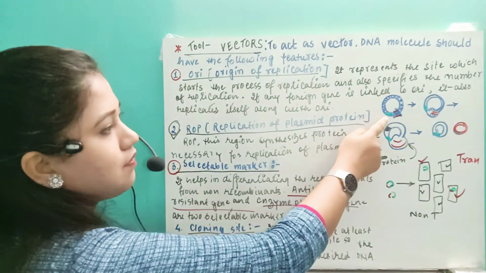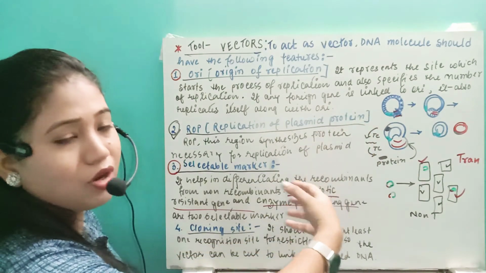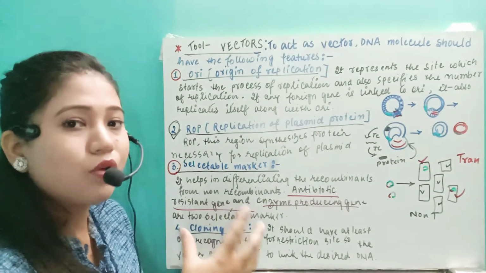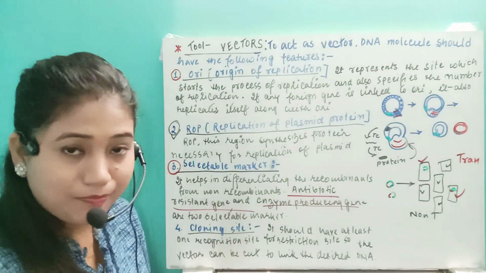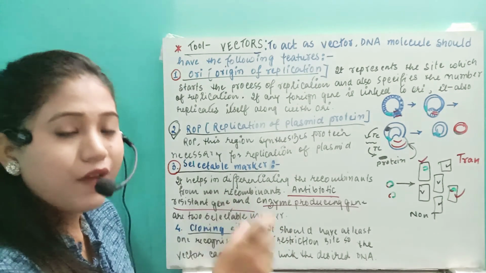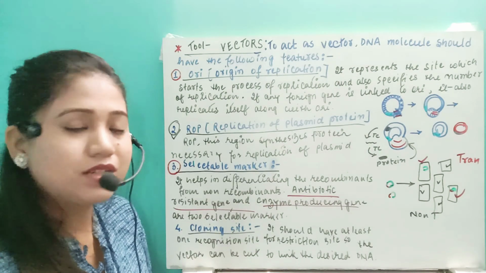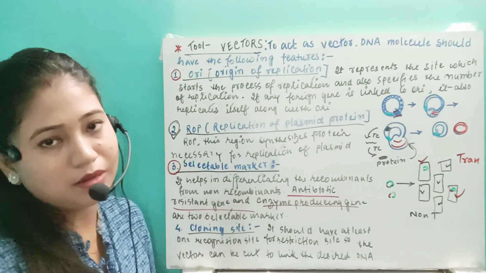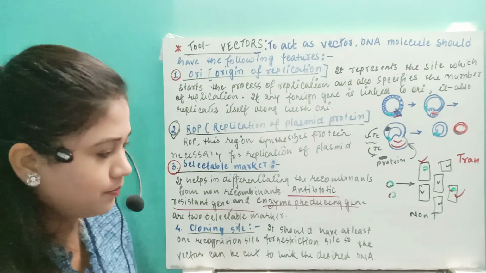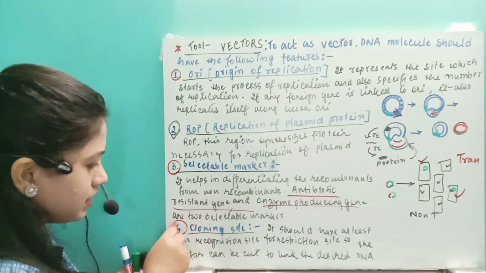Okay, so here I have told that with the ORI, if we insert our gene of interest, then what will happen? Along with the ORI, our gene fragment will also multiply, isn't it? So that region where we are able to cut the vector and a foreign gene fragment can be inserted, that is known as the cloning site.